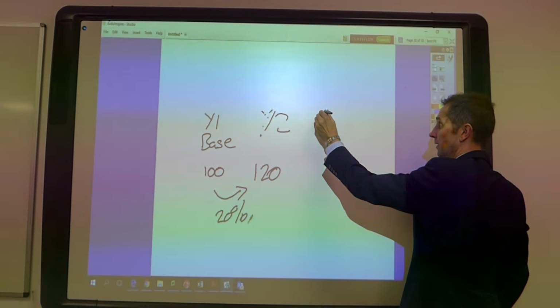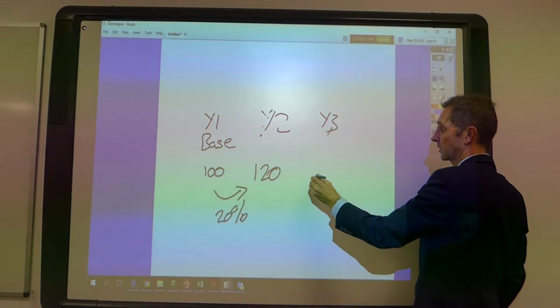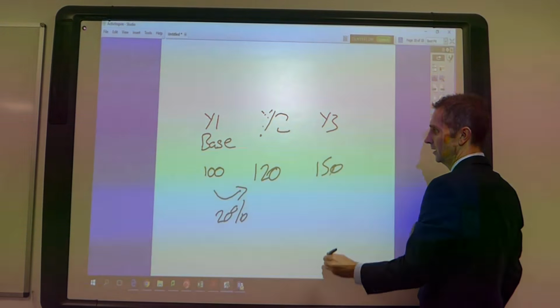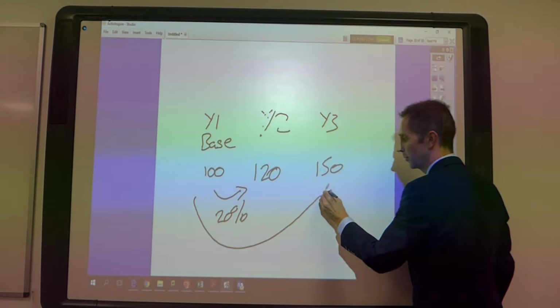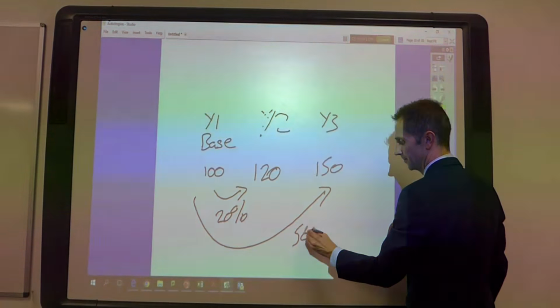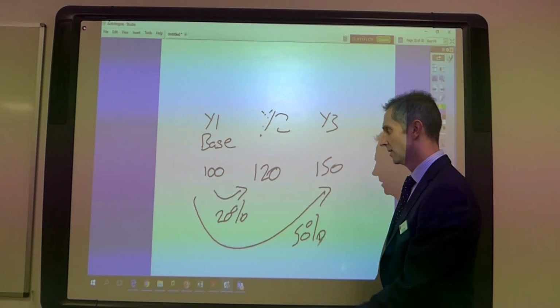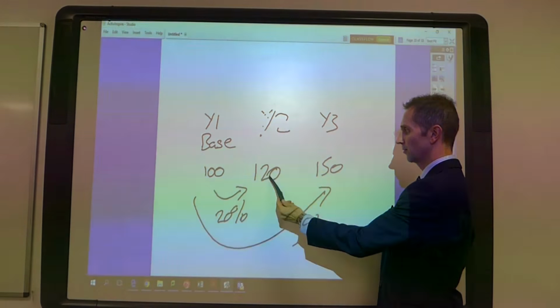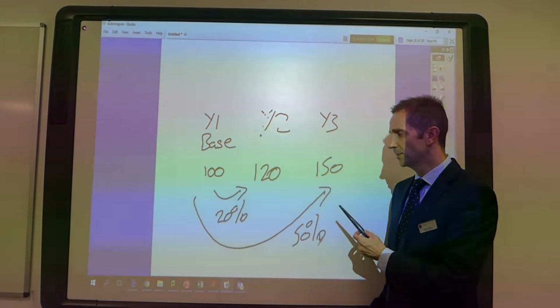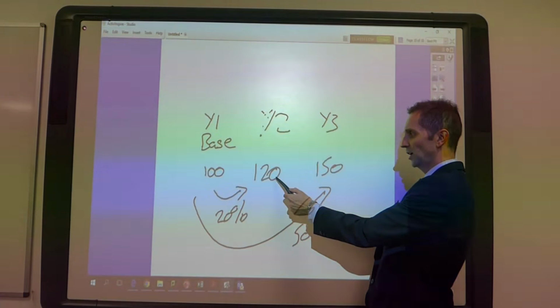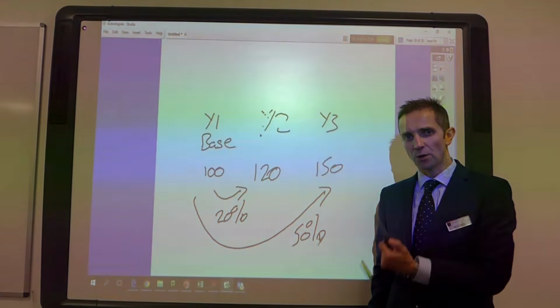And if in year 3, let's see if this actually works, 150, we could say that prices have gone up by 50%. But what we couldn't say is that prices have gone from year 2 to year 3 up by 30%, because the change from 120 to 150 is not 30%.